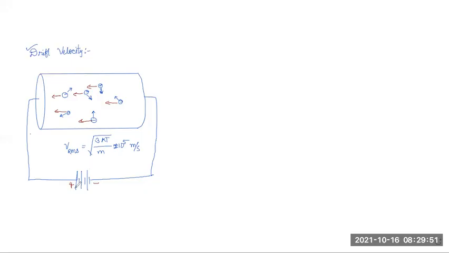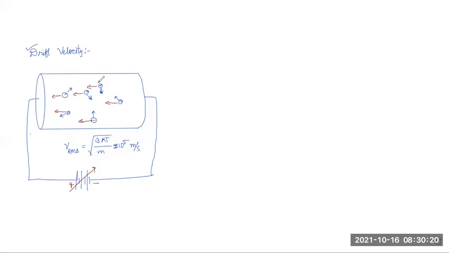Now we know that if we increase this potential, no doubt the speed with which these electrons drift towards one end goes on increasing. This velocity with which the free electrons in a conductor get drifted under the influence of an external field is called drift velocity.